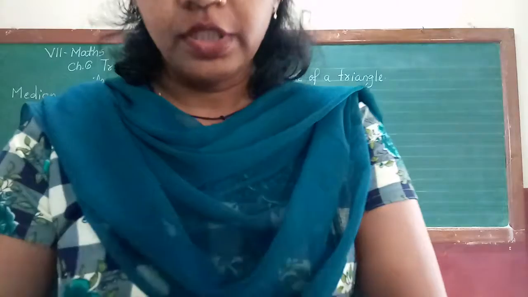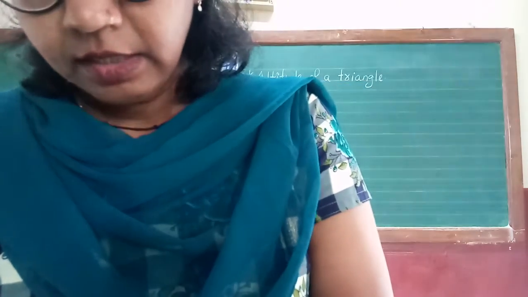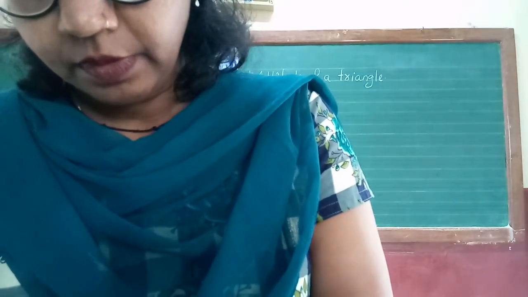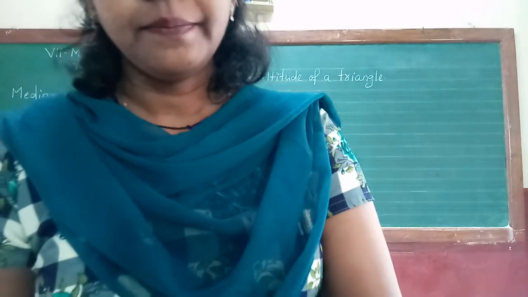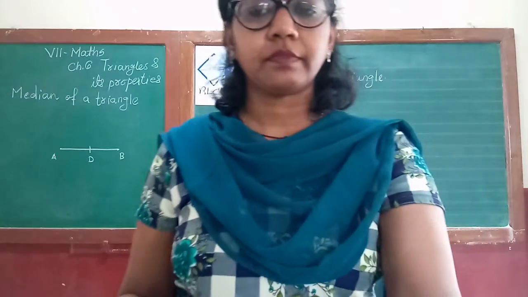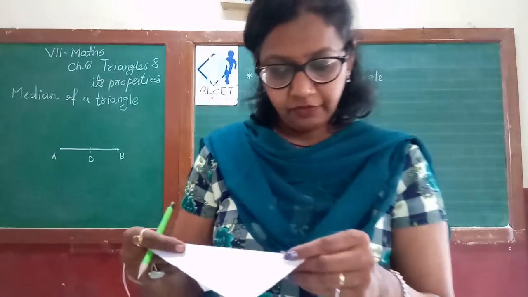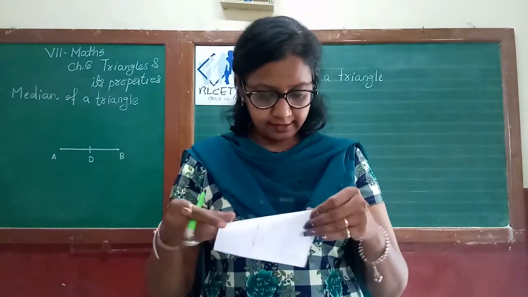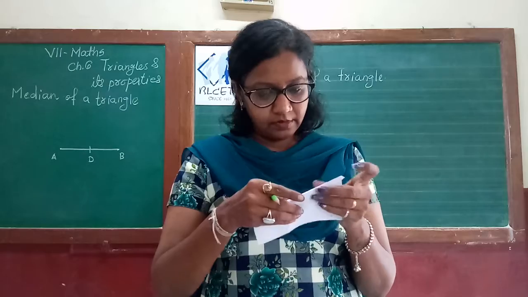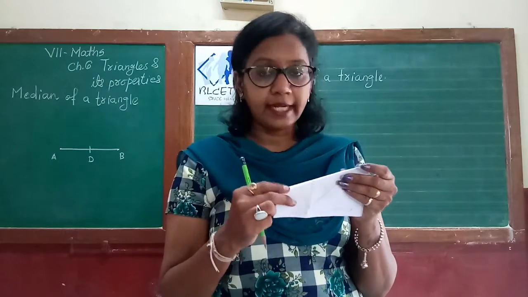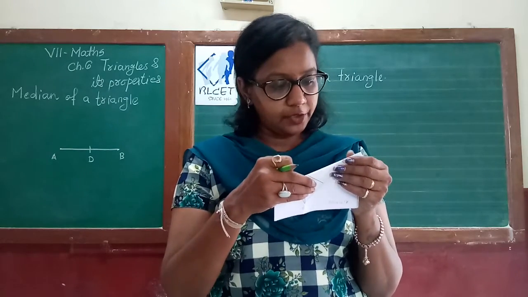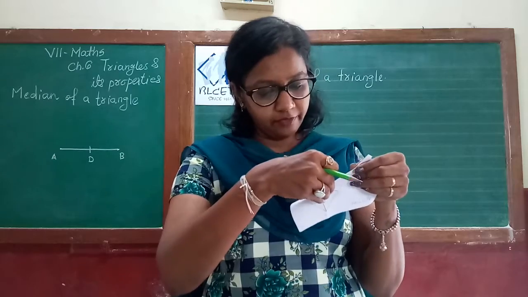So this is all about the median and altitude. Now if you fold it like this, in a right angle triangle you are getting that kind of altitude. One side is your altitude, sorry for this.